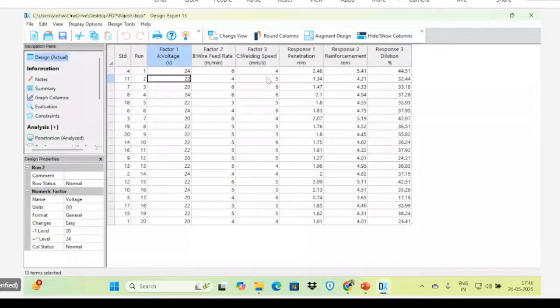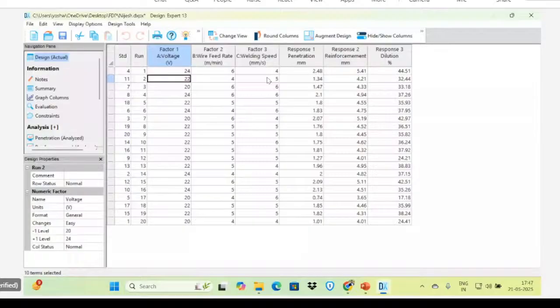We don't know that, but the software is giving us the quadratic equation. With that quadratic equation, we have to make the model significant, and we can extract the equation, and then we can play n number of times. In the range 20 to 24, n number of combinations of process parameters will be there, and we can calculate all the responses.